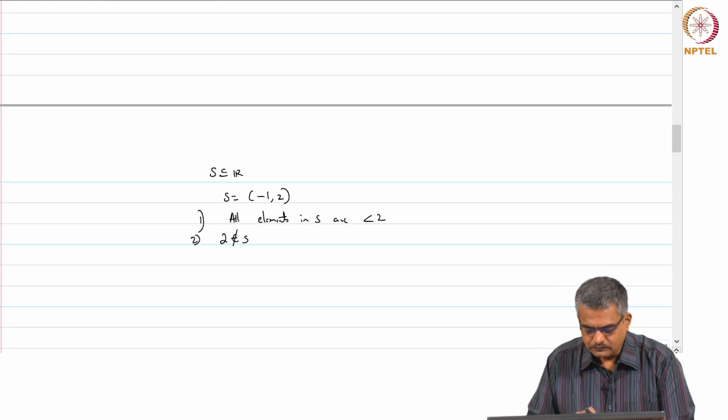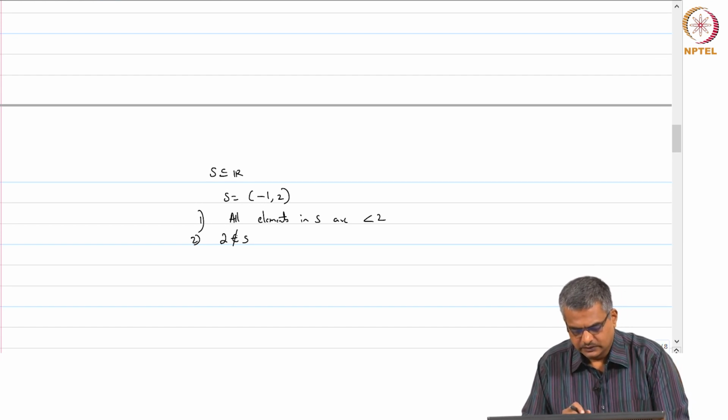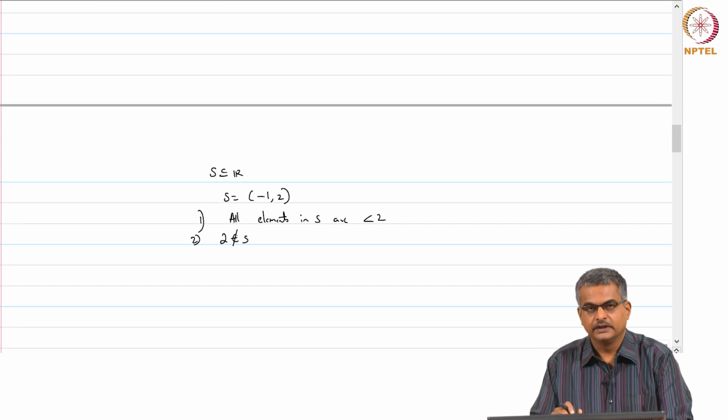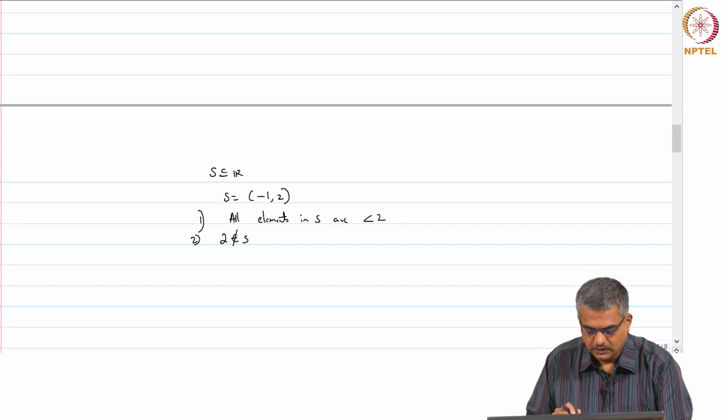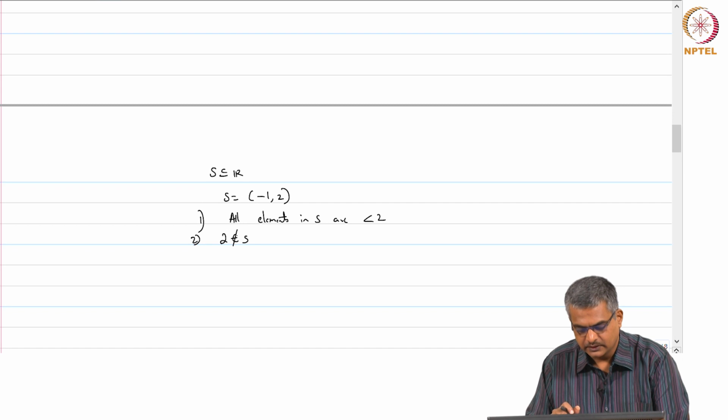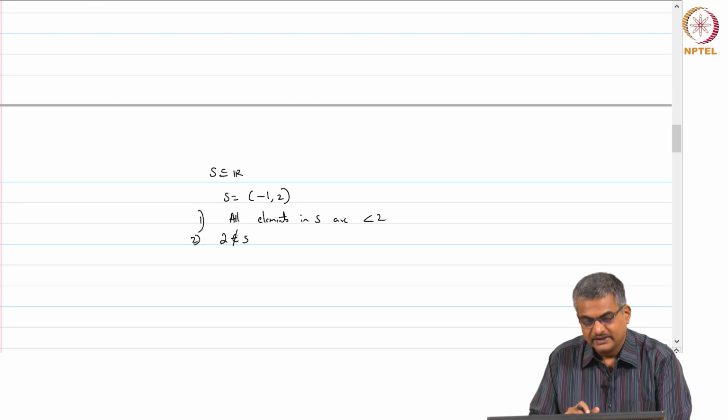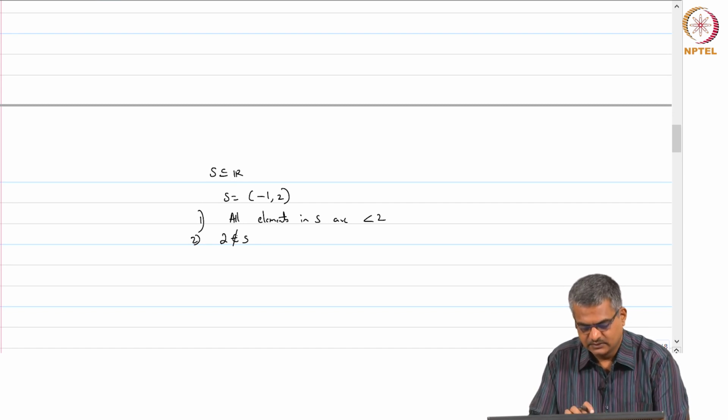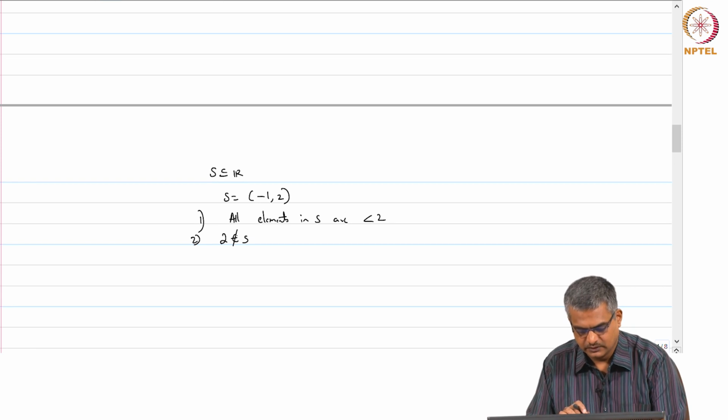So, there is no number which is lesser than -1, right. So, -1 is the least number in this set, okay, and again -1 does not belong to the set S.